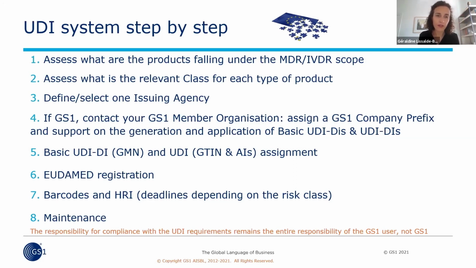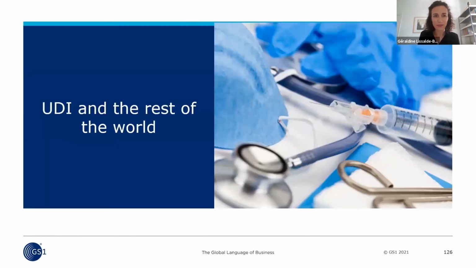And if I have to give you advice, start with data, because it's often where you will need a lot of time to clean your data, to make sure that you have the right understanding of the definitions, and to make sure that you understand how EUDAMED is working, because as you saw, it's still in progress, even if the release deadline is in September. So don't underestimate that part, and again, just ask GS1 for support.